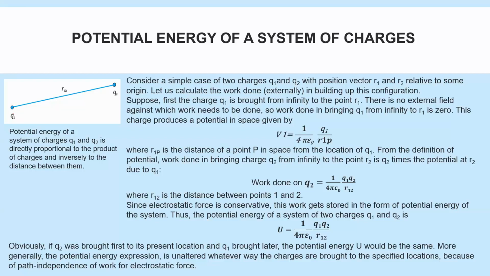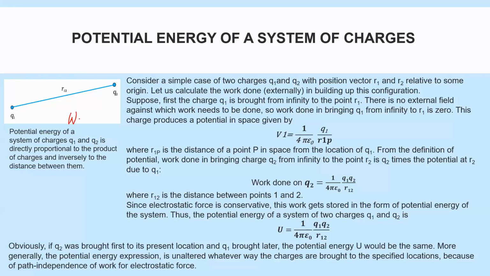Suppose Q2 is not yet here, so there is no external field that we have to do work against. That is why no work is actually done in bringing Q1 from infinity to this position. So that is going to be 0.